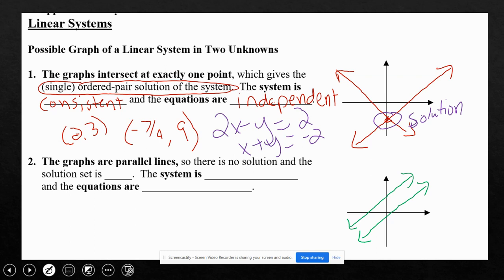If our solution is where they cross, and these never do, this would have no solution. Because there's no solution, this is an inconsistent system, and the equations are still independent.